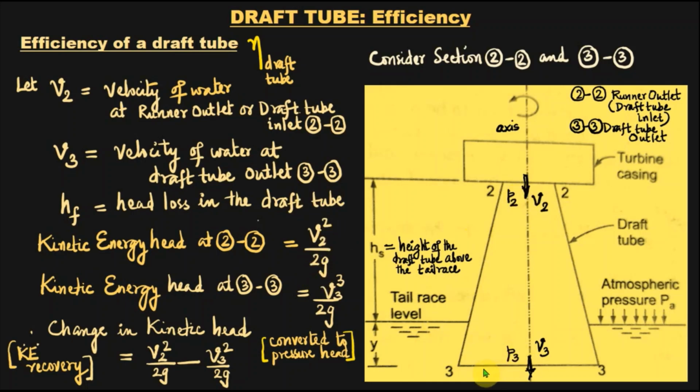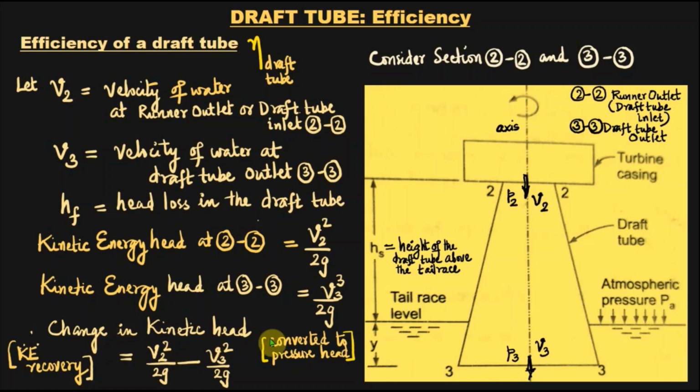And now at the outlet of the draft tube, velocity is V3. Therefore, the kinetic energy head or velocity head of water at section 3 is V3 square by 2g. Sorry, this is not V3 cube by 2g, it is V3 square by 2g.